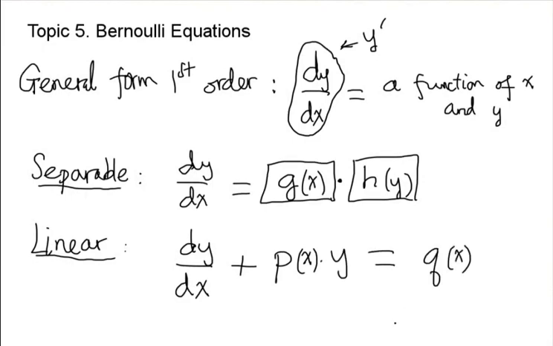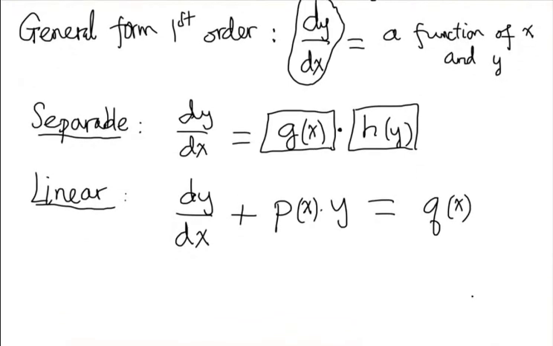Now, you should recall from the previous lectures that depending on the type of the equation, we have different methods to solve. For linear equations, we need to use an integrating factor. For a separable equation, we have to separate x on one side and y on the other side.